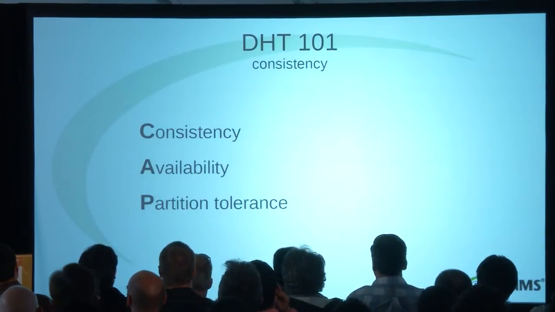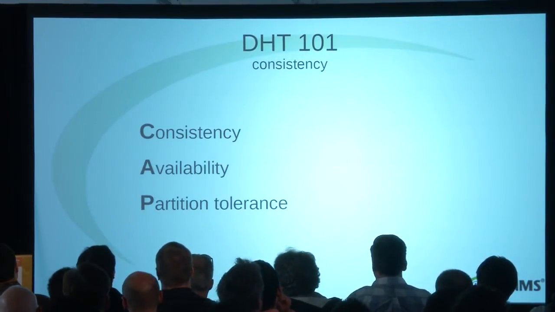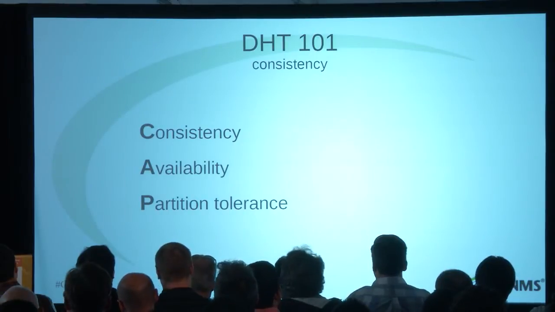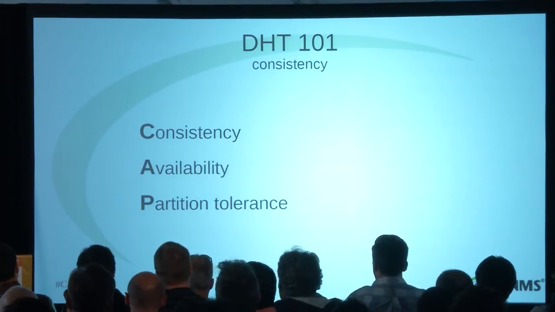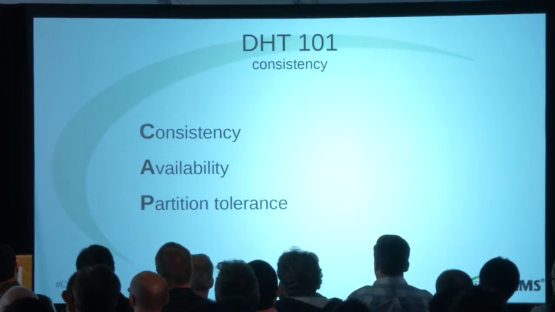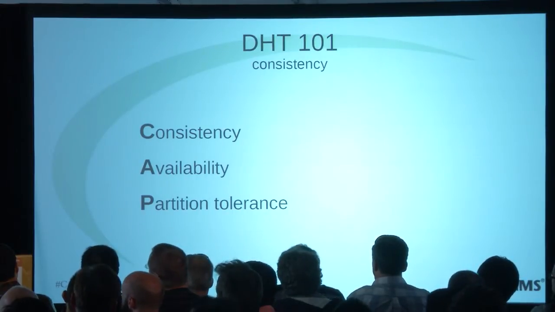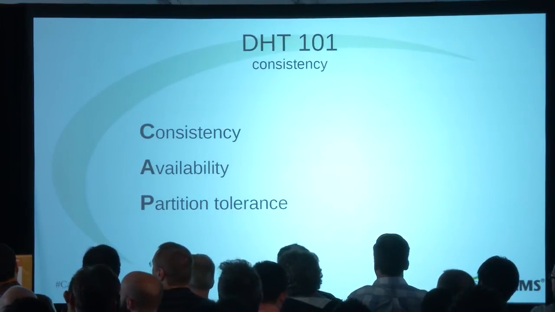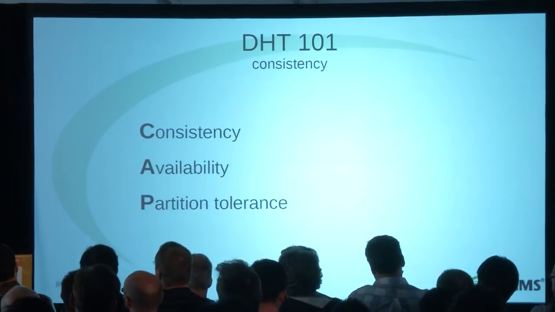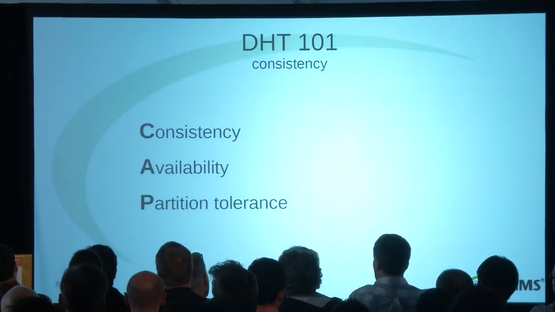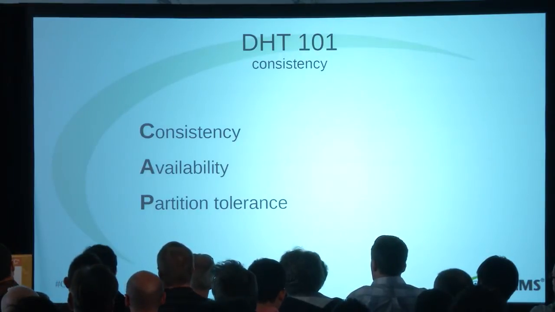Okay, so once we have multiple copies of data on the cluster, we have a different kind of problem, which is these contentious properties between consistency and availability. We usually use the CAP theorem as a device for explaining this, but it's pretty simple.